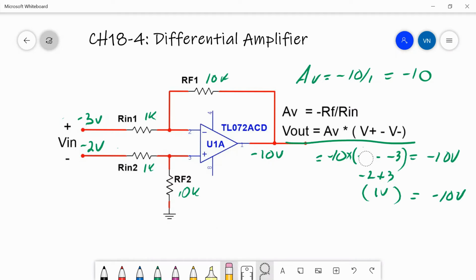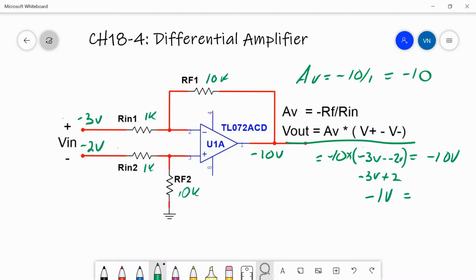Let's get rid of these values here. The output is minus 10 times V plus, which was minus 3 volts, and we subtract minus 2 volts. So that would be minus 3 plus 2. The difference between the input voltages would be minus 1 volt, and that's what gets multiplied by minus 10.